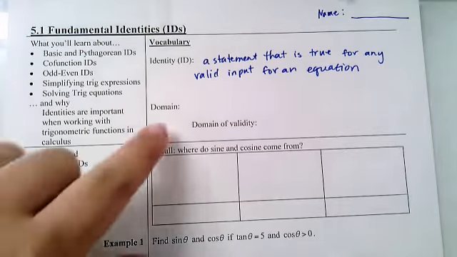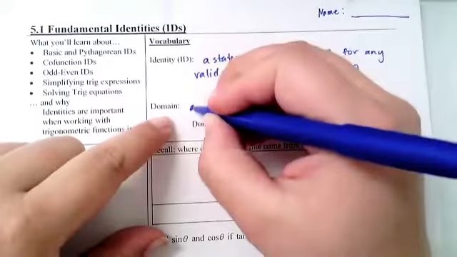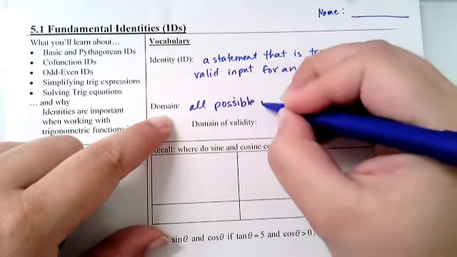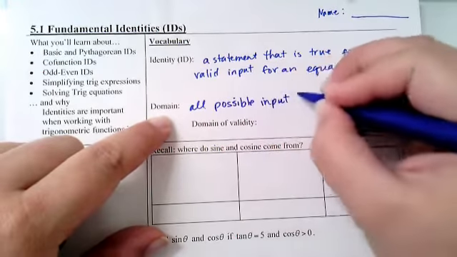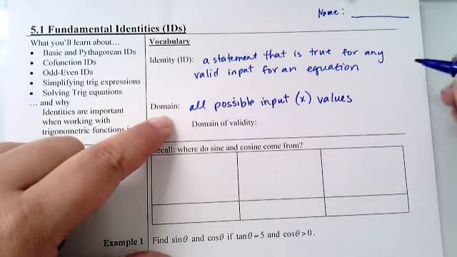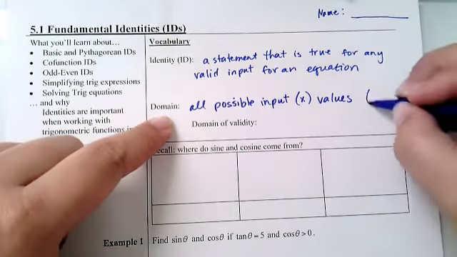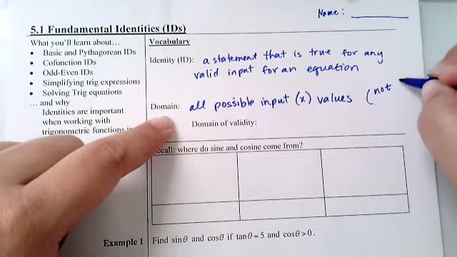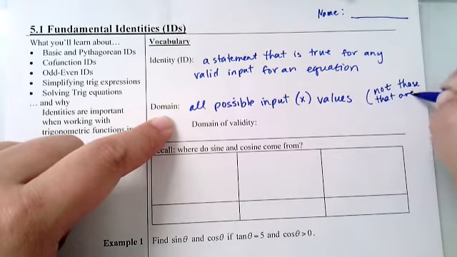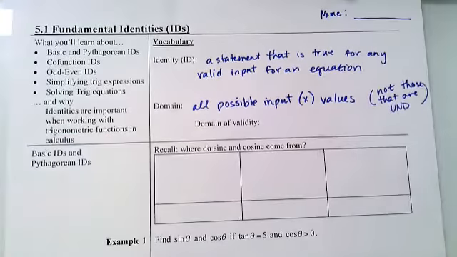So we want to recall that domain is all possible input values, or x values. And that means not those that are undefined. Then the domain of validity is the same thing, but for two different expressions.